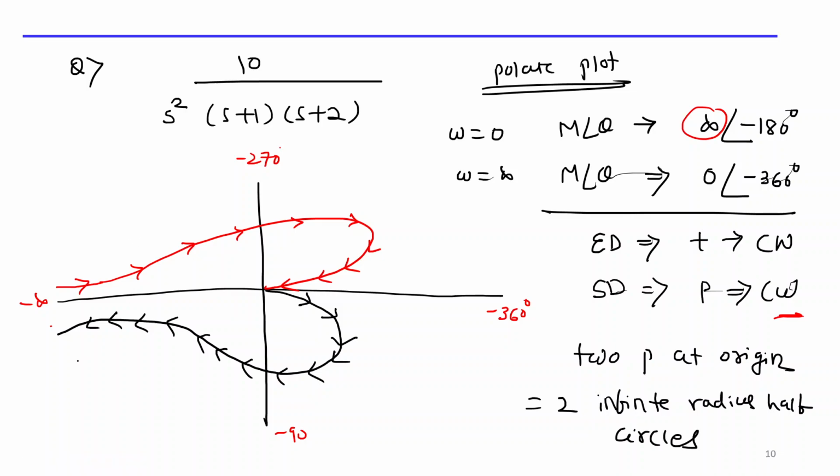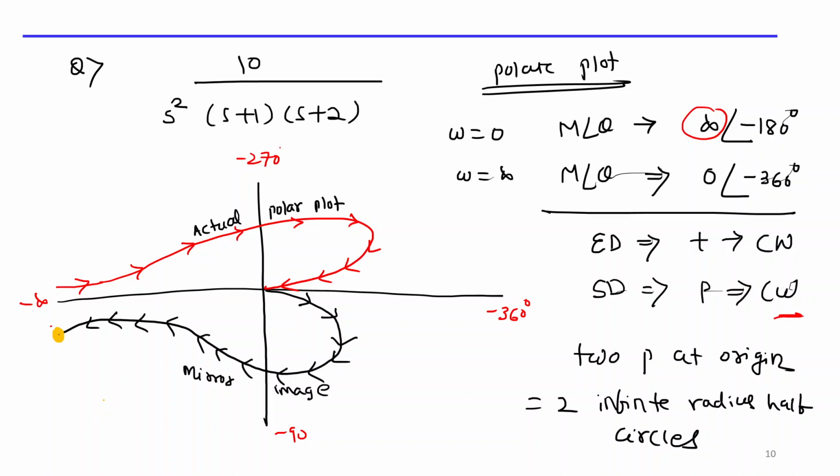I told you where you have to start the infinite radius half circle: where the mirror image terminates. This is the actual polar plot. This one is the mirror image. The mirror image terminates at this point. This is the termination point of the mirror.